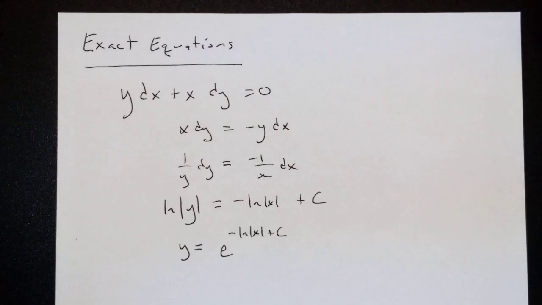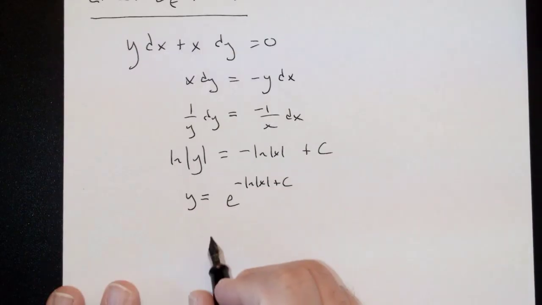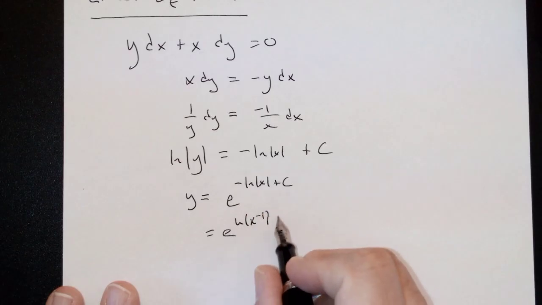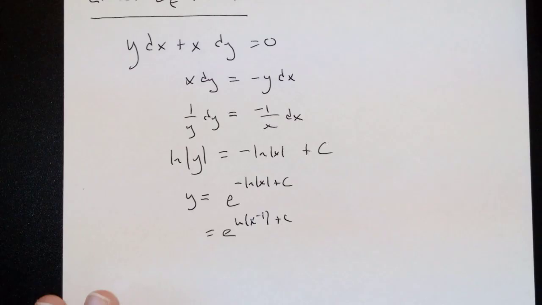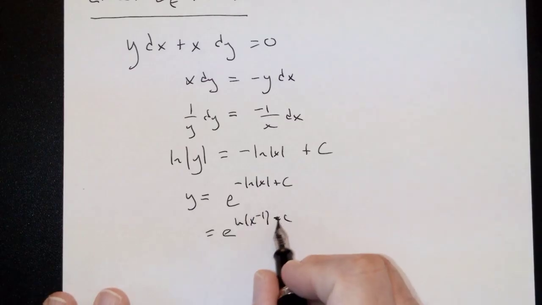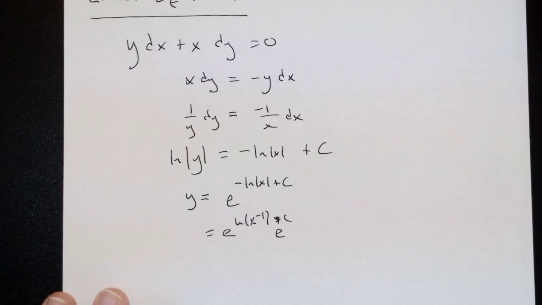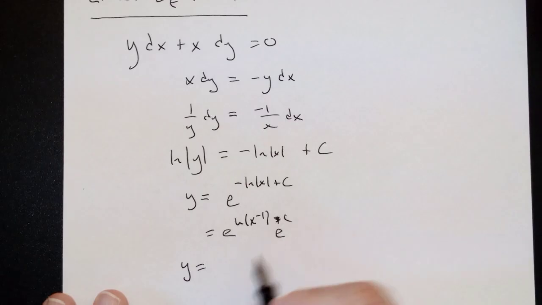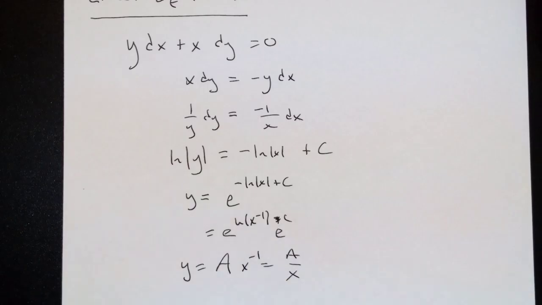And that's going to make it an x to the minus 1. I'll also separate that e to the c. And that'll account for my plus or minus here in the absolute value. So then I get y equals, the e and the ln cancel, x to the minus 1 times some number, over x.